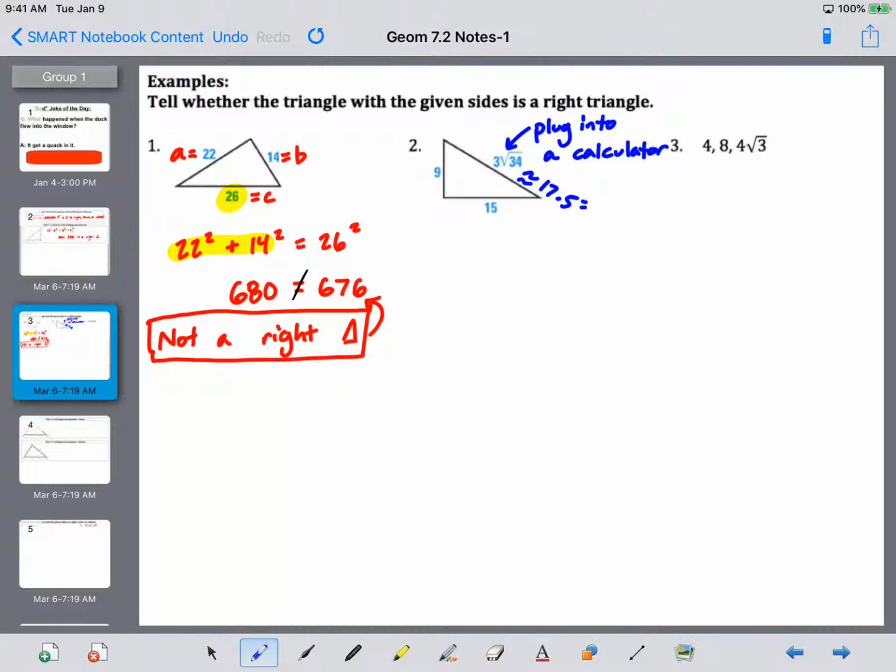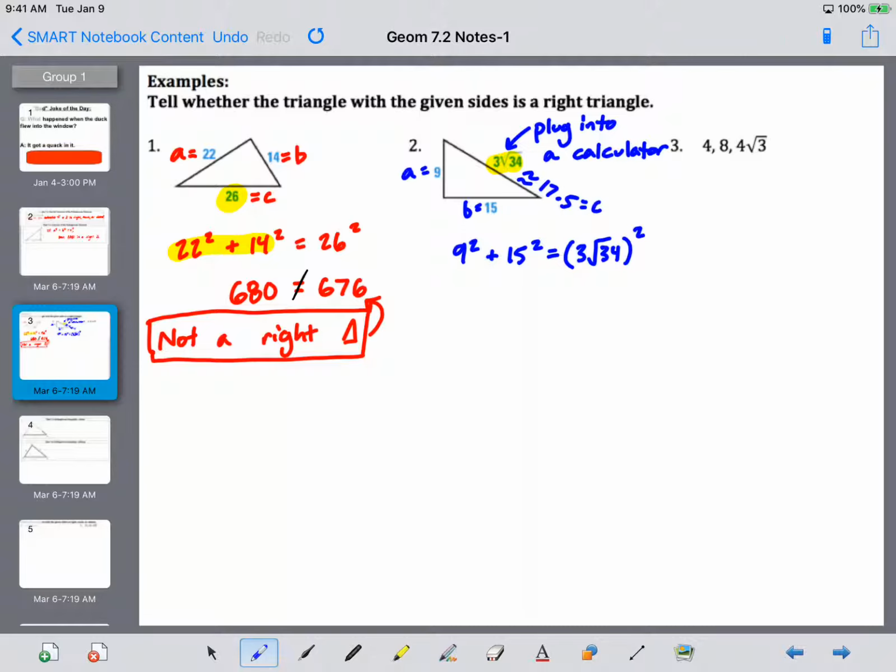So I can plug this in for c, I can plug 9 in for a, and I can plug 15 in for b. So we do 9 squared plus 15 squared, and now when we plug in for c, we should plug in what we were given originally, not that decimal approximation. So we're going to take 3 square root of 34, put some parentheses around it, and square it. Make sure when you plug it into your calculator, you put parentheses around it.